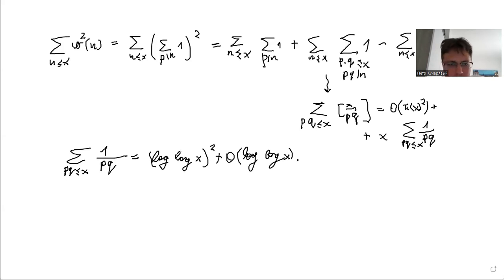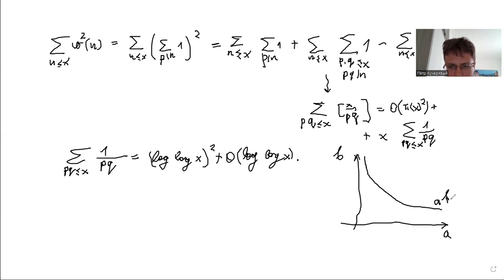Maybe there are some other ways to prove it, but I can do it using the Dirichlet hyperbola method. So we have such a picture. Here we have axes A, B, and we have a hyperbola.